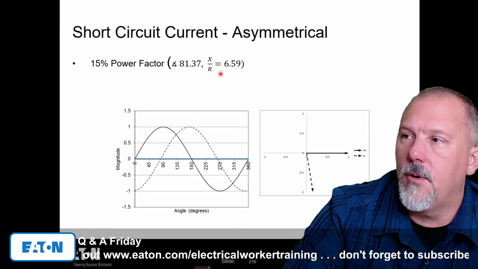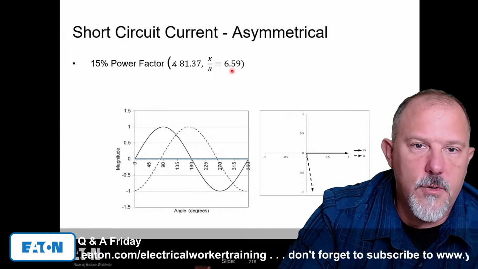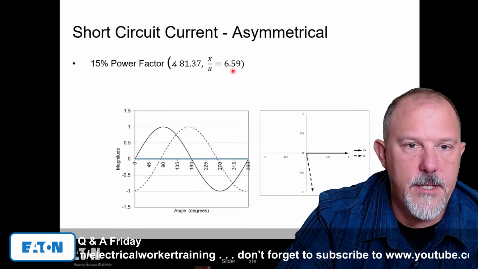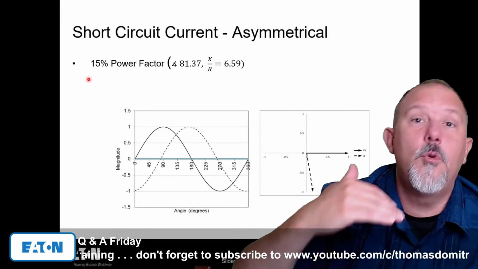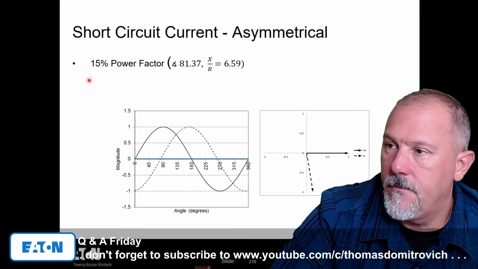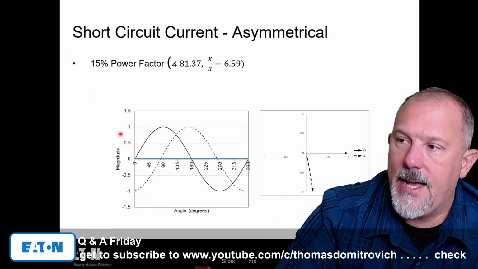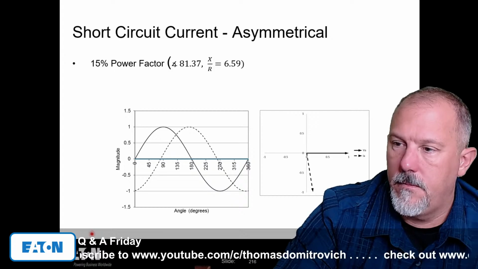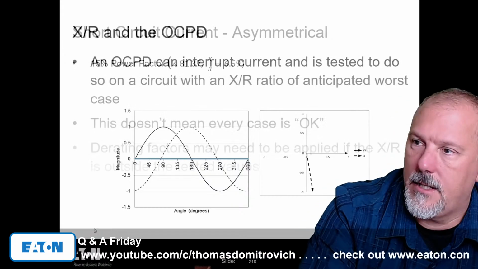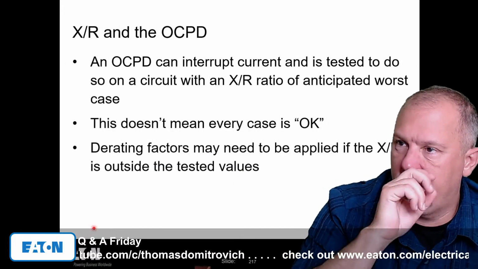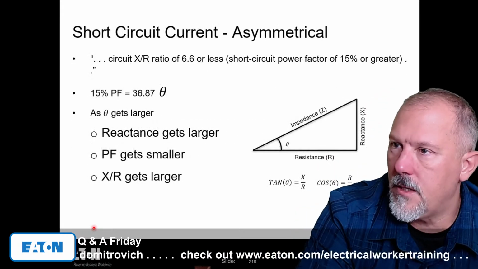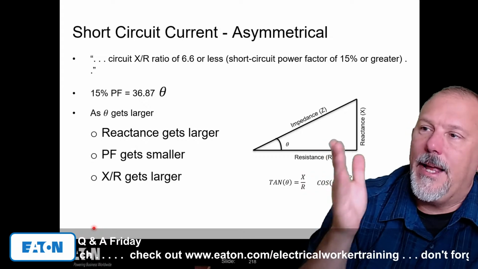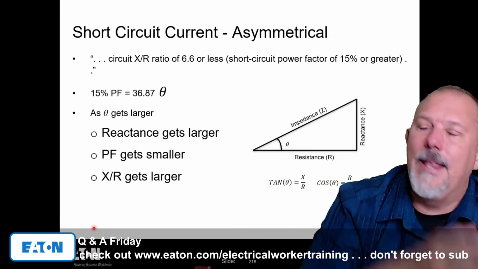So as your X to R ratio increases, your power factor is decreasing. You have more X in the picture. So what's happening is, gotta go to the next slide, you're separating your voltages and your currents.